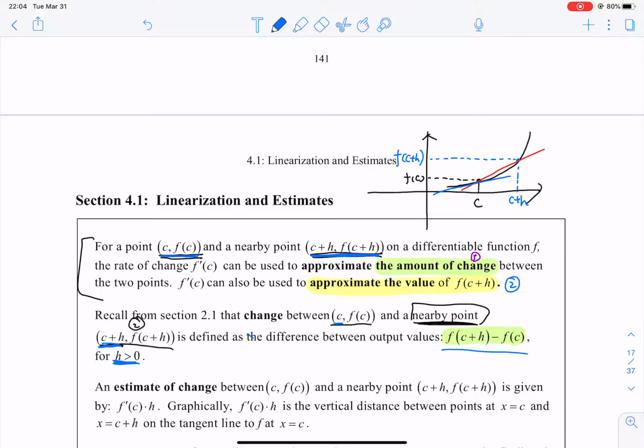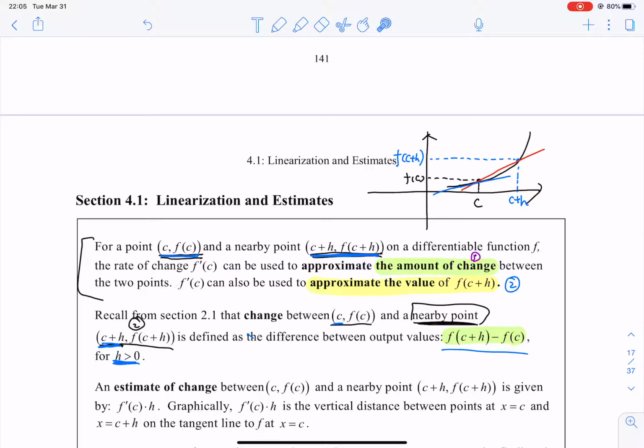This is the point c, f of c, and this is a nearby point, c plus h, f of c plus h. For point c, f of c, this is the tangent line, and this one is the secant line between these 2 points.